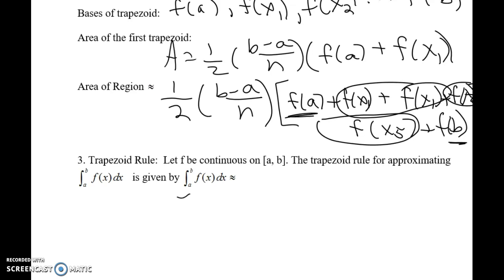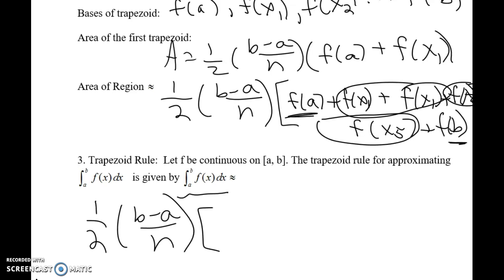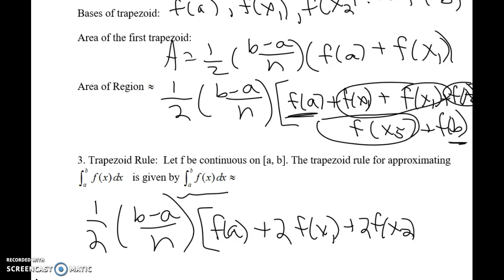The integral using the trapezoid formula will be 1/2 times (B minus A) over N, times f of A, plus 2 of all the inner ones, 2 of f of x1 plus 2 of f of x2 until we get to the end and we have 1 of f of B. And that is our trapezoid formula.